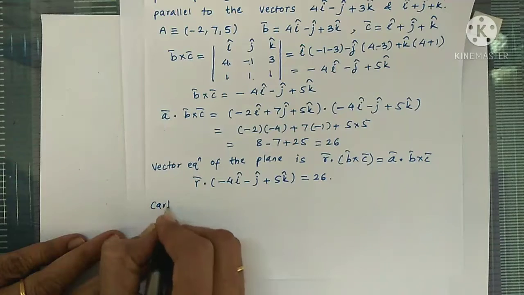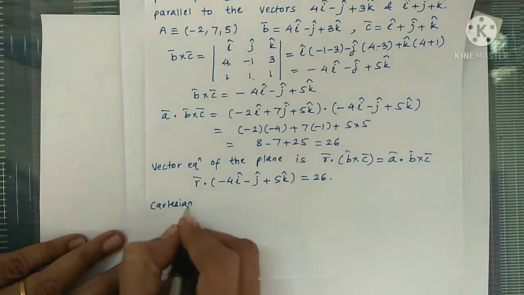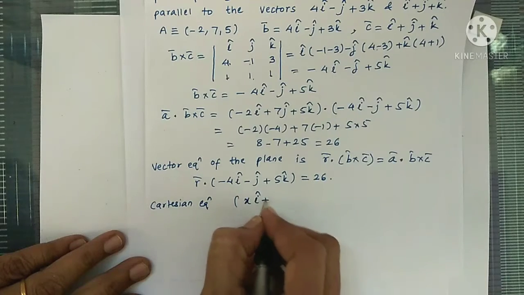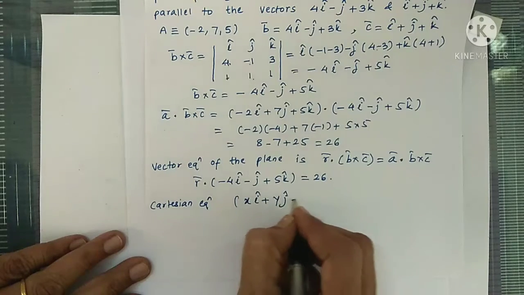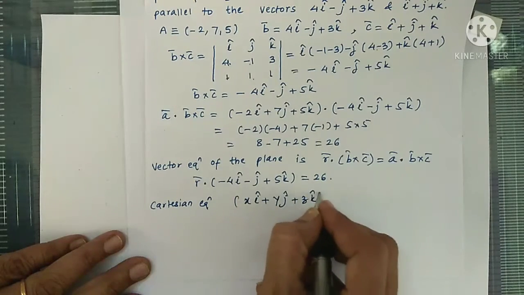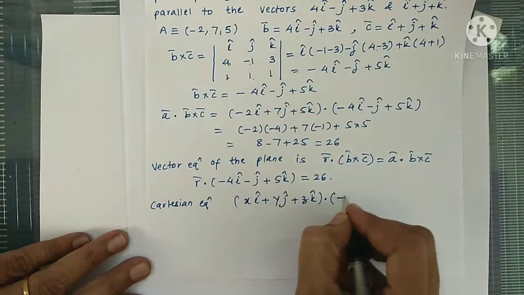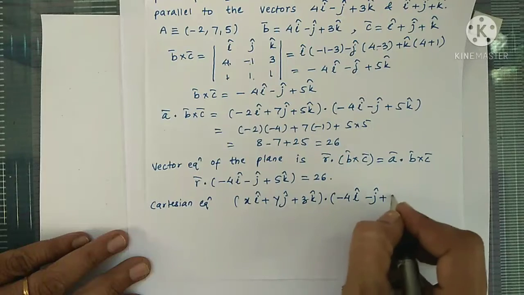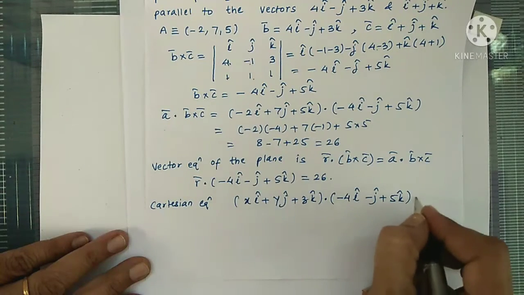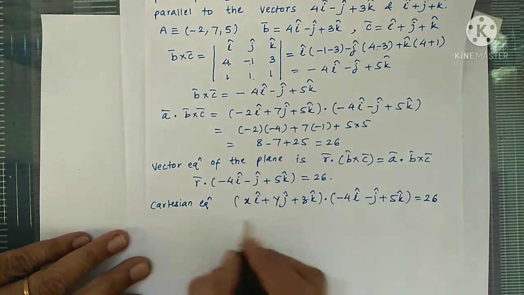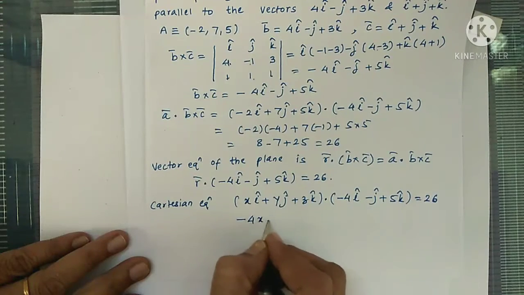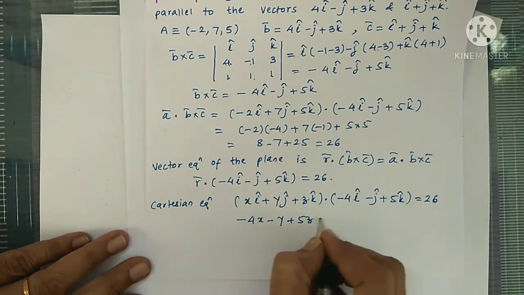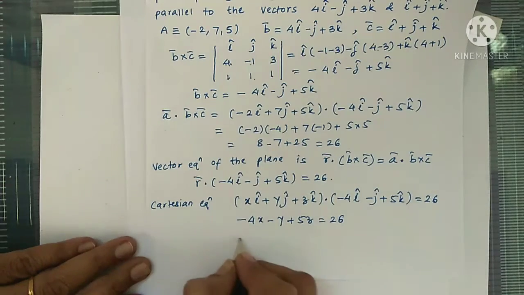Now to write the Cartesian equation, just put r bar as xi cap plus yj cap plus zk cap, dot -4i cap minus j cap plus 5k cap, equal to 26. That is -4x minus y plus 5z equal to 26.